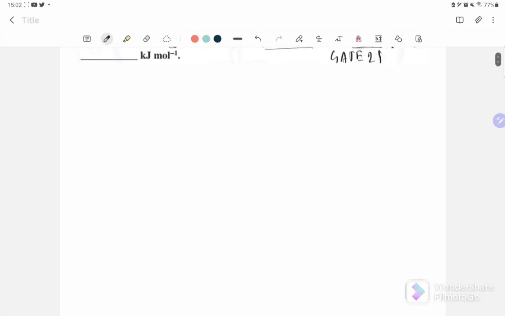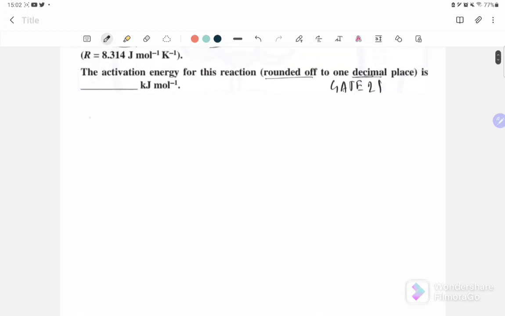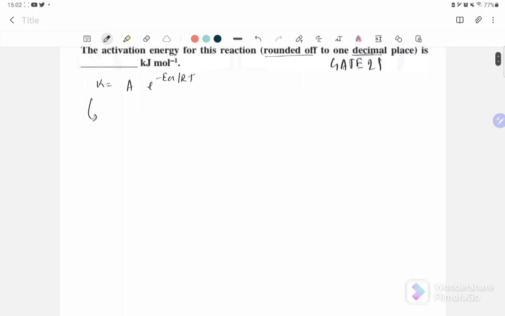What's the equation? We know the Arrhenius equation: K is equal to A e to the power minus EA by RT. From this equation we can derive log K2 by K1 is equal to EA, that is the activation energy, by 2.303 into R, times T2 minus T1 by T1 into T2.